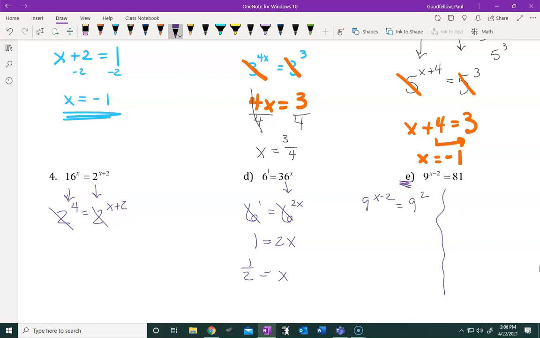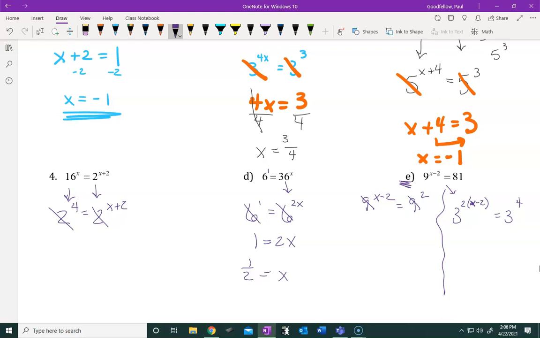That's another name for 81. Or somebody might see this question as 3s. And going this way for 3s would mean that one would be 3 to the 2 times x minus 2. And notice I'd put parentheses in there because that 2 has to multiply everything. And 81 would be 3 to the 4th.